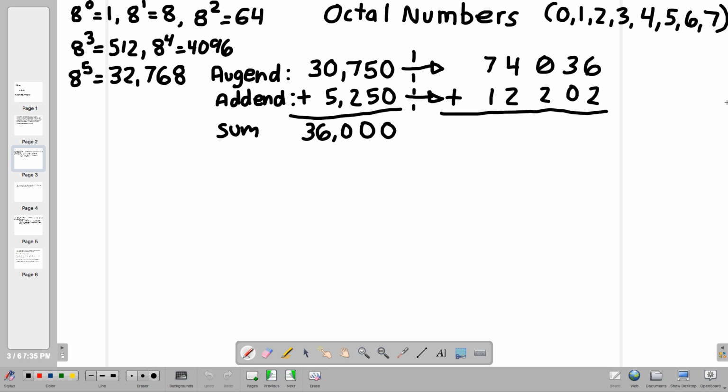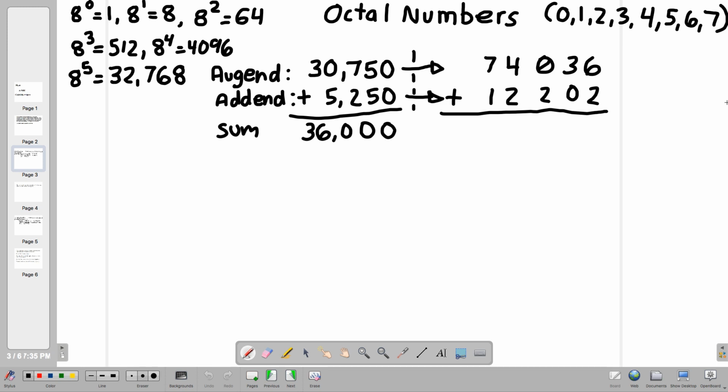Before we begin, let's look at some notes that we have to the top left. We have the powers of 8. 8 to the 0 power is 1. 8 to the first power is 8. 8 to the second power is 64. 8 to the third power is 512. 8 to the fourth power is 4,096. 8 to the fifth power is 32,768.